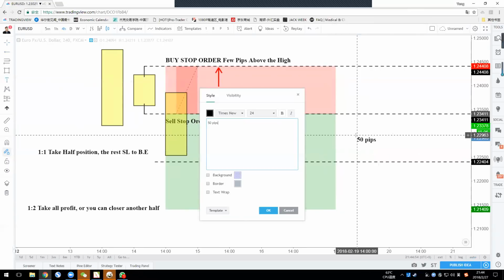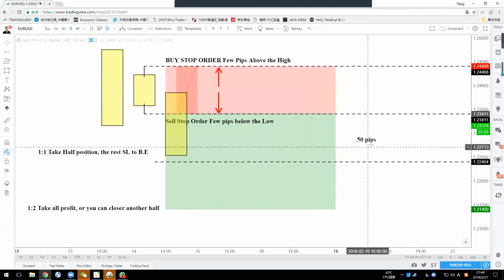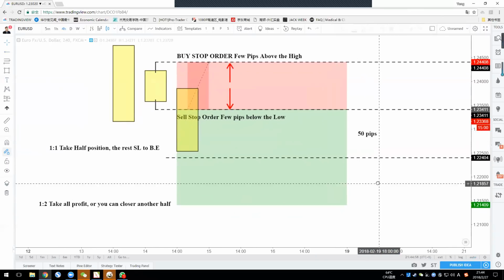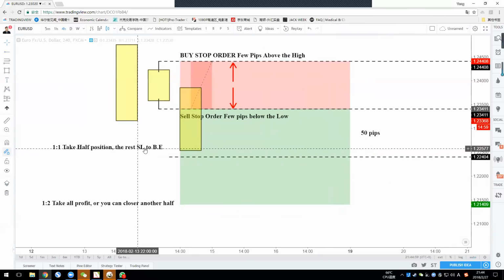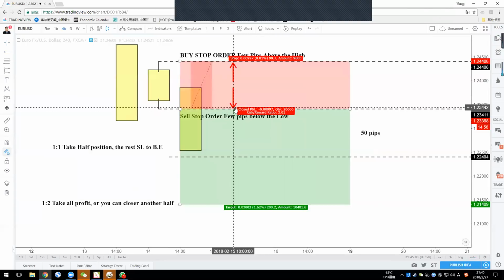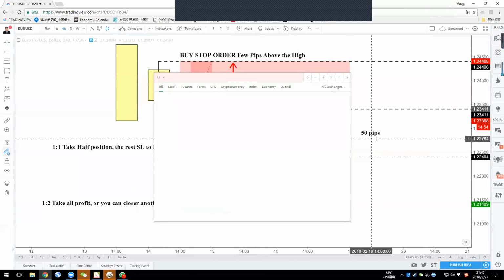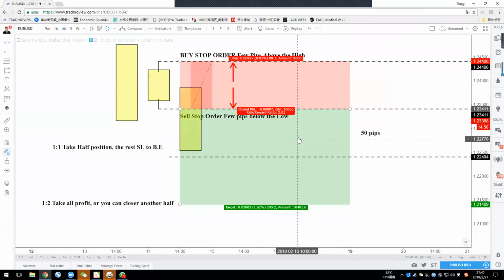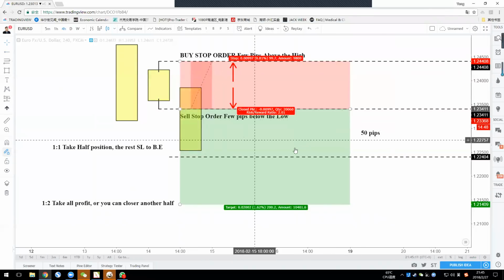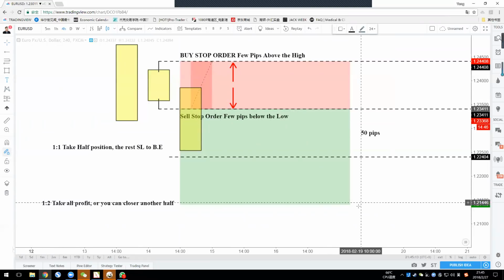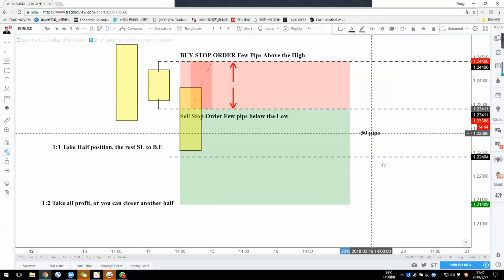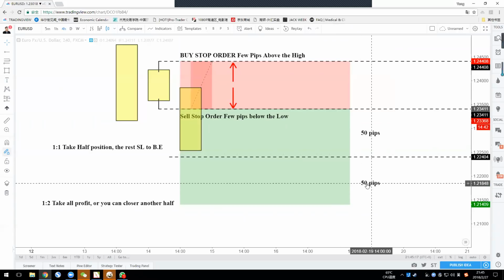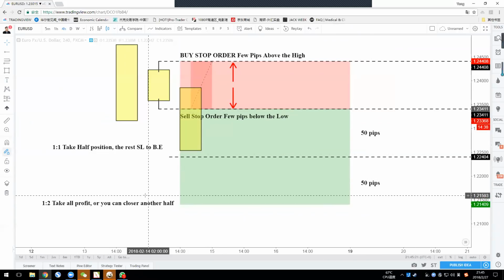You earn 50 pips, and if your stop loss moves to break even, at least you have half position at 50 pips, and you are in a risk-free trade. If the price continues going down, you can enjoy another 50 pips, and the total is 100 pips with the second position.